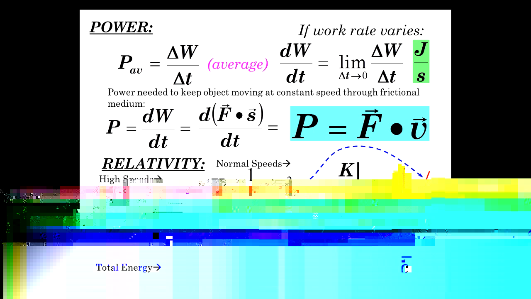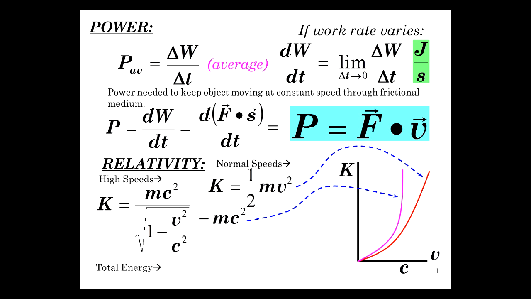If we consider the total energy of an object, the total energy is more than that. The total energy is going to be the kinetic energy given by this equation, plus mc squared. Mc squared is considered the rest mass energy, how much energy it has when it's just sitting there, the material of which an object consists.